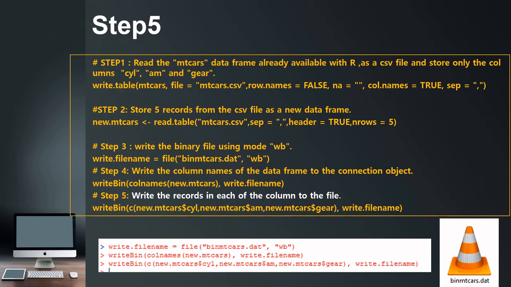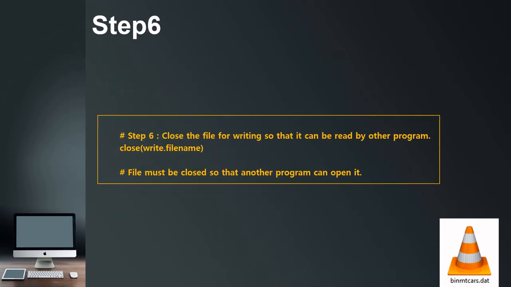And finally, the file will be closed. This statement is close, and the file name. So this will close the file. The file must be closed. Until and unless the file is closed, that file cannot be opened in another program. So at the end, the file must be closed.